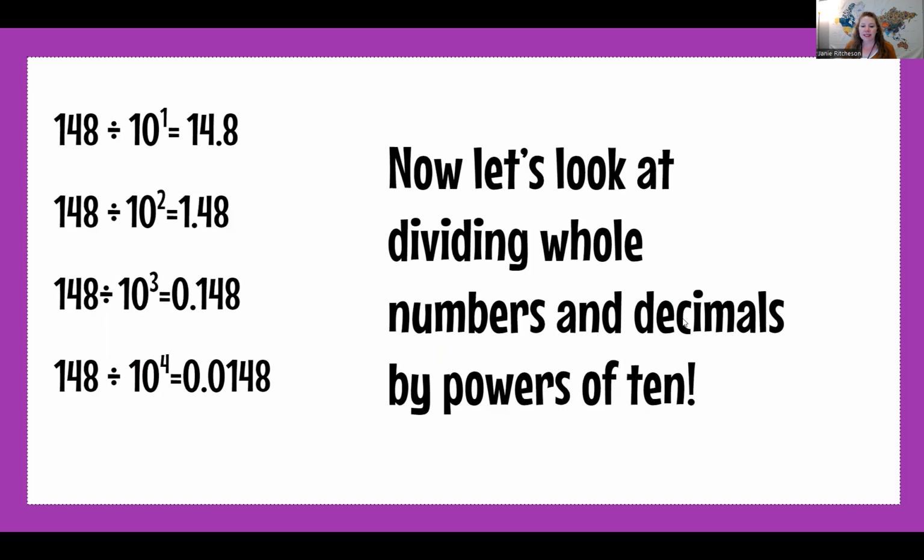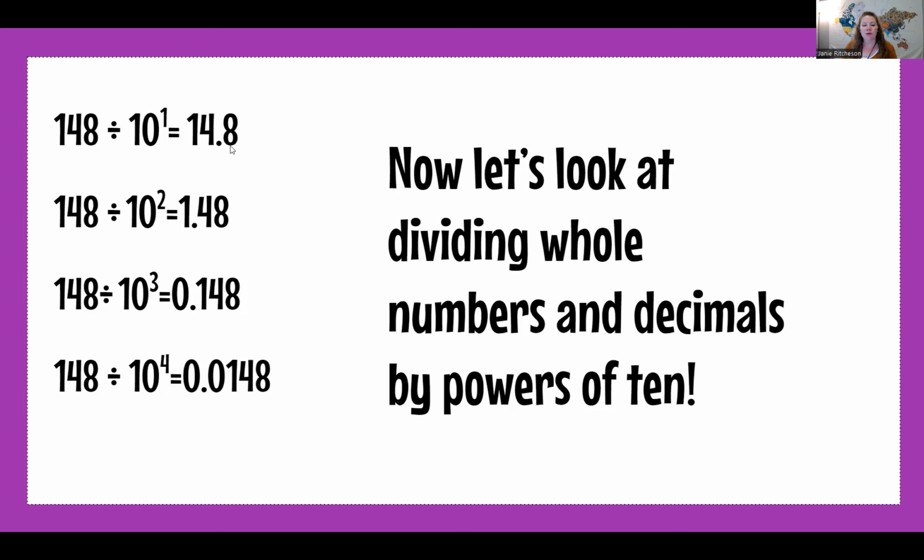All right, so what do you think is going to happen if we divide by powers of 10? What do you think would happen? Well, if multiplying moves our decimal to the right, it would make sense that dividing moves our decimal to the left. So 148, if we added a decimal, it would be behind the 8. Since we're dividing, we're going to move our decimal to the left one place.